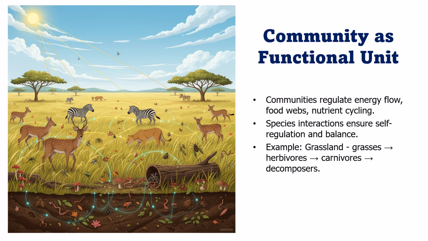This interdependence makes communities self-regulating to some extent, though they still respond to external changes. Viewing communities as functional units helps ecologists understand ecosystem stability, productivity, and the interconnected roles of organisms in maintaining ecological balance.